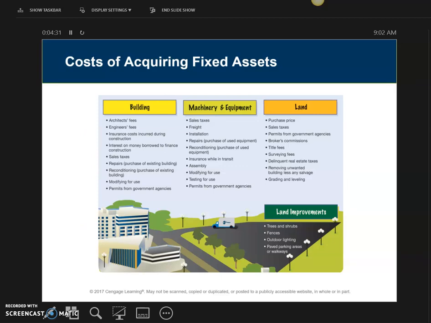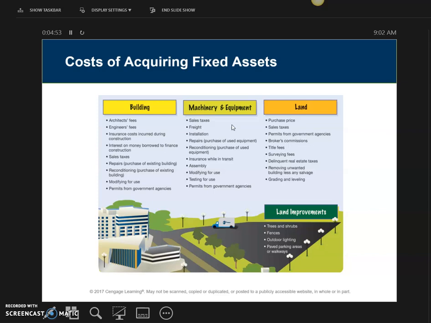Here are some examples. This is the building cost, if I build a building. But let's go to machinery and equipment. In chapter 1, I believe, I taught you that when I buy a piece of equipment, I put down the cost that I pay for it. But now there are other costs involved.